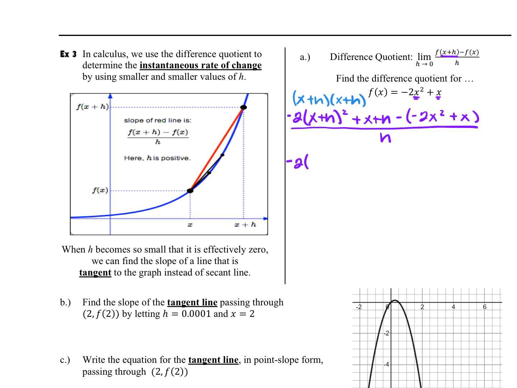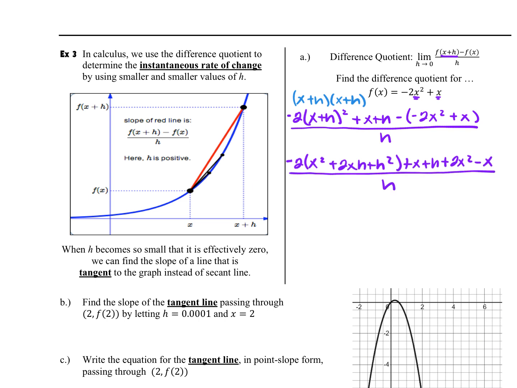You can skip this step eventually. So we'll say x squared plus 2xh plus h squared plus x plus h. Now I'm going to distribute my negative, plus 2x squared minus x. Now again, this is all over h.